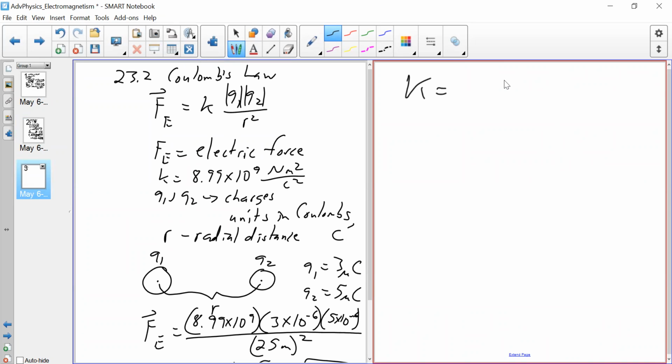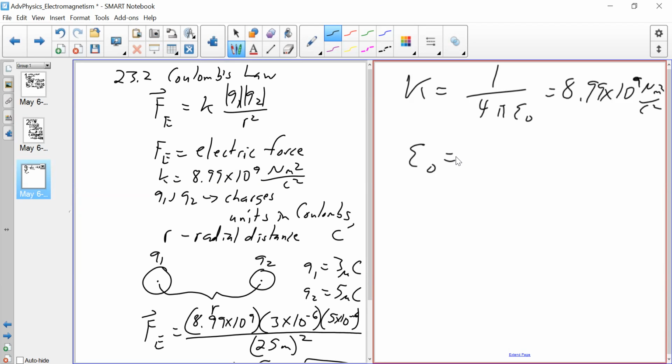We saw last time that K is also written as 1/4 pi epsilon naught, kind of like your Gaussian units. Those are all equal, where epsilon naught is called the permittivity of free space.